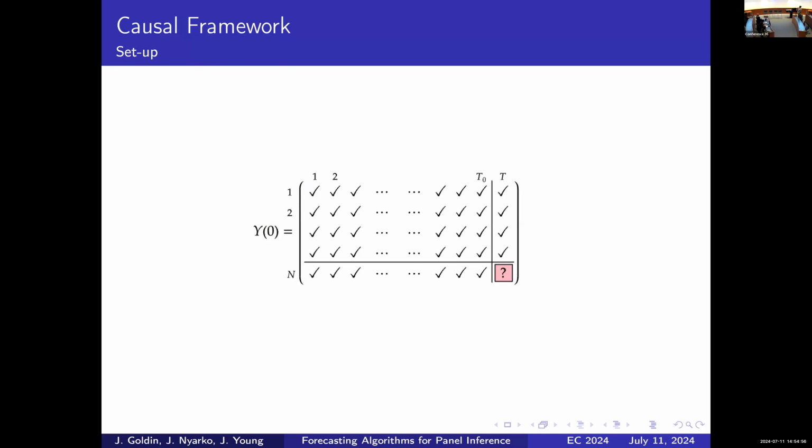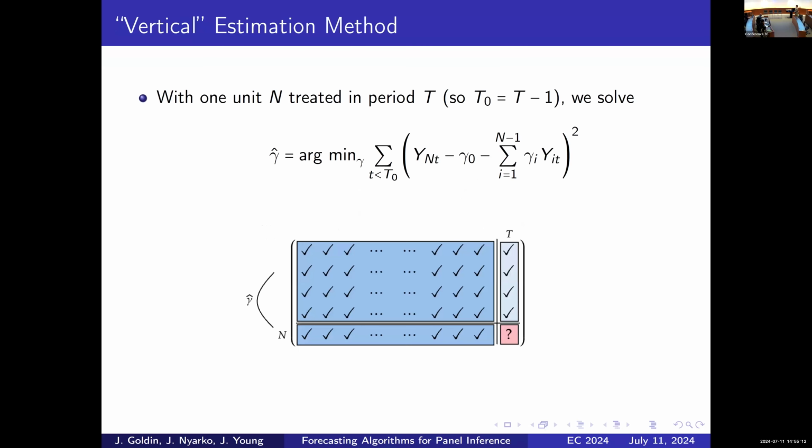So let's abstract away and talk about what's been done and how this inspires our approach. Let's think about one treated unit, unit N, and one treated period, period T. What has been done? We can think about the synthetic controls literature, where what they do in essence is a constrained version of this vertical regression.